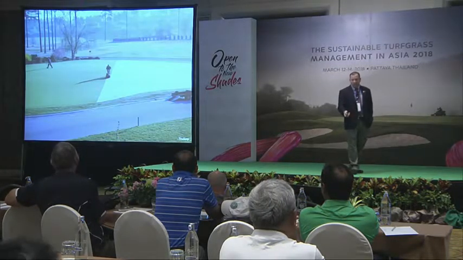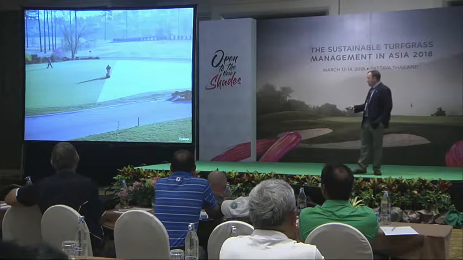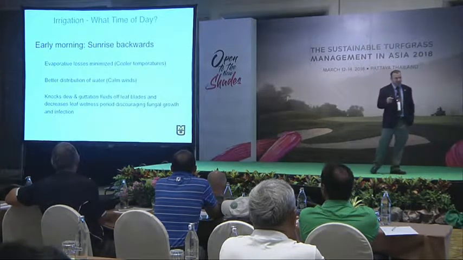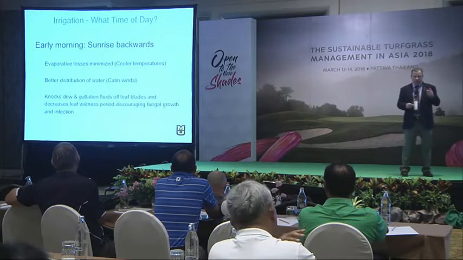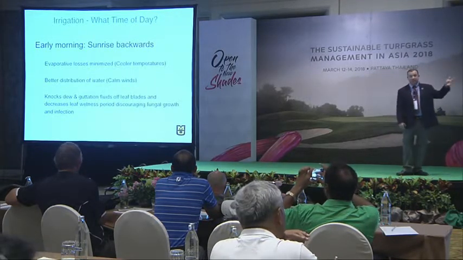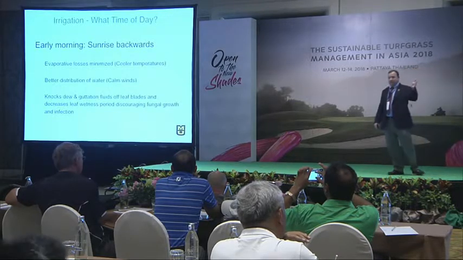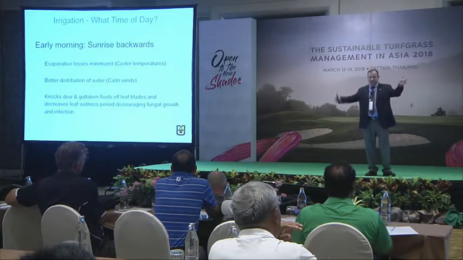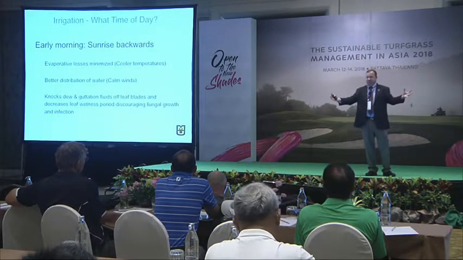Again, mowing in the morning, you can see here that you're removing that dew. And irrigation is the one that seems to be a little bit tricky. If you water at dusk, so at 7 or 8 p.m., you are starting the leaf wetness event.